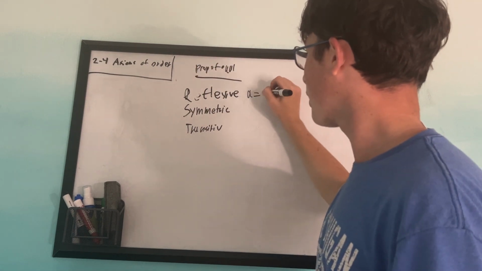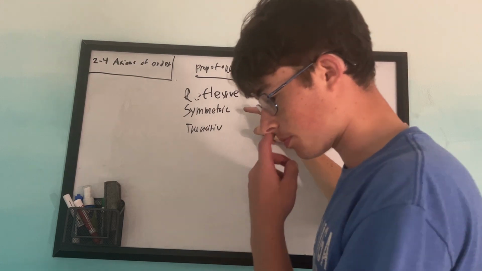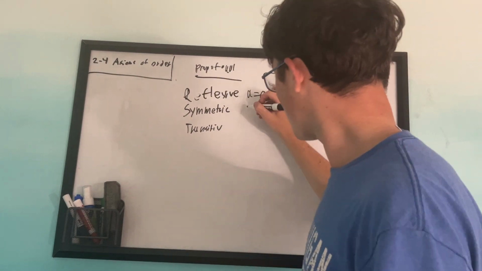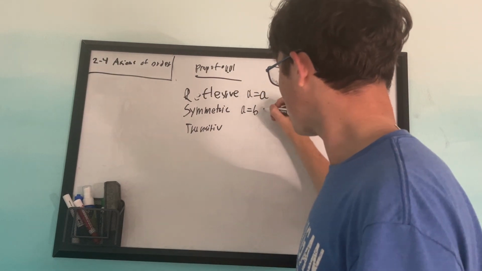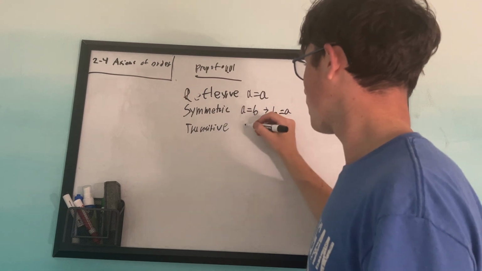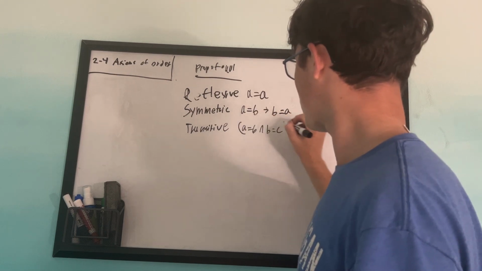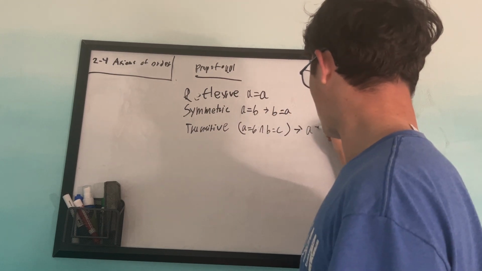So this says A equals A. Then we have if A equals B, then B equals A, and then transitive, if A equals B and B equals C, then A equals C.